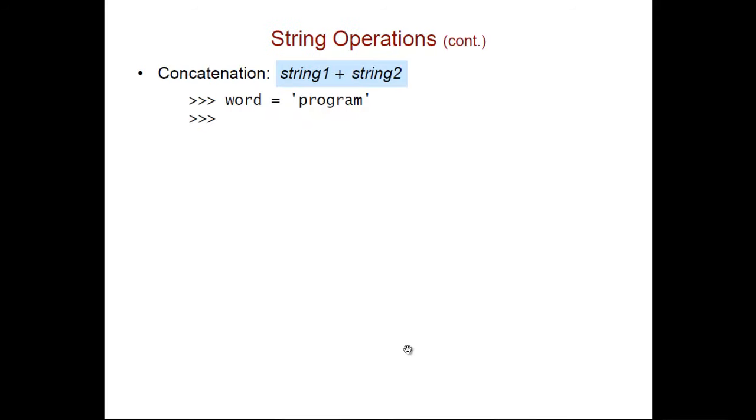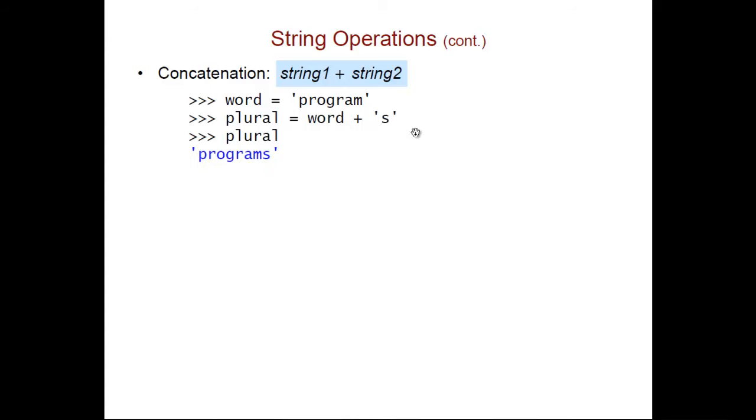Some other operations I can do, I can use the plus operator. If both of my values are strings, I'm going to concatenate them together. So for example, let's assume that I assign the string literal program to the variable word. I could then use this expression here, using the plus operator, to concatenate the value of the variable word with the string s.